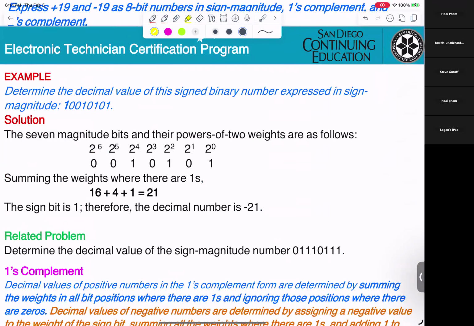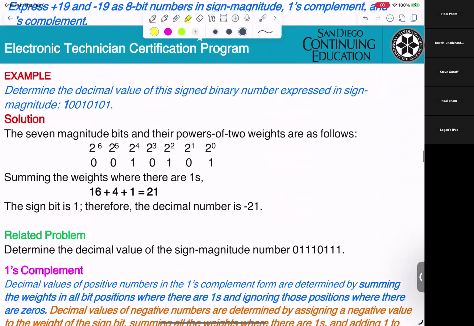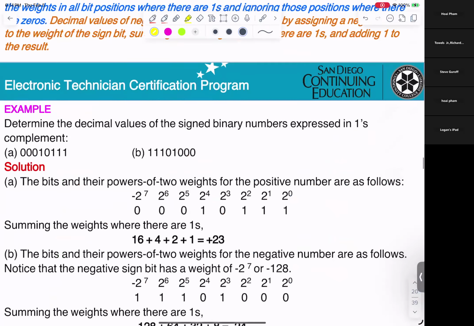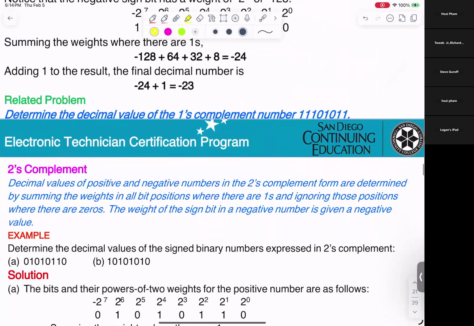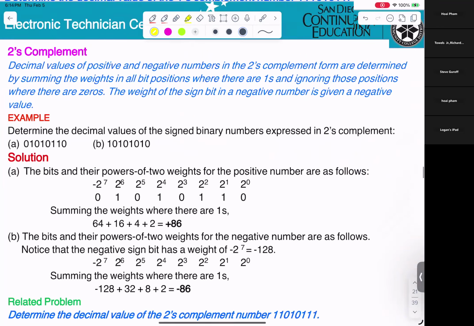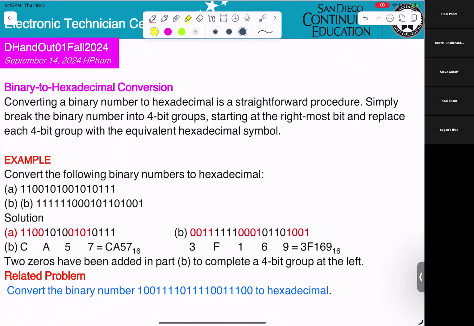Whoever wants to read, you can read it. Now this one, whatever will be needed for you, I will go over.